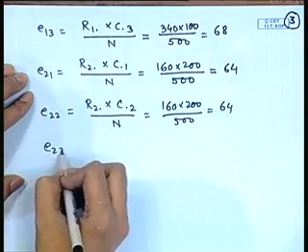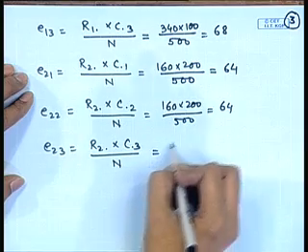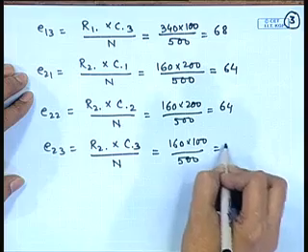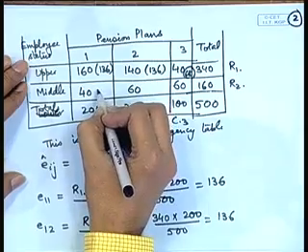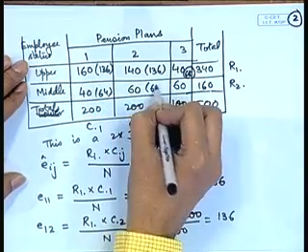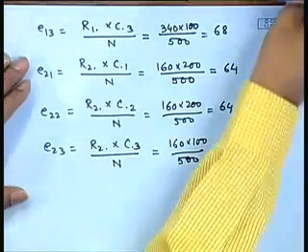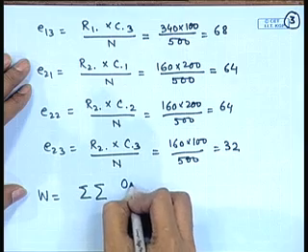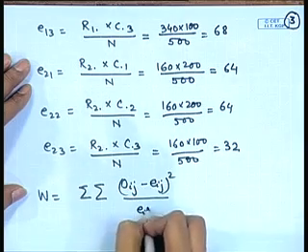And E23 is R2 dot into C dot 3 divided by n, that is equal to 160 into 100 divided by 500, that is equal to 32. So we can complete this table of Eij's here. So this is 64, this is 64, this is 32. Now our formula for the W is sigma of (Oij minus Eij) square divided by Eij.